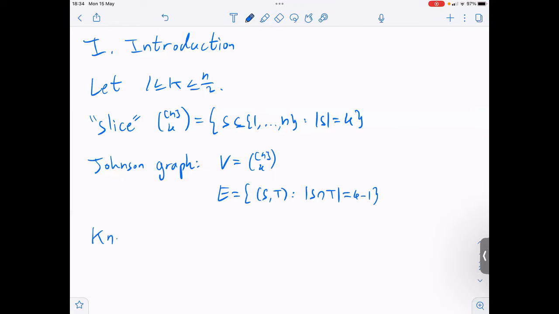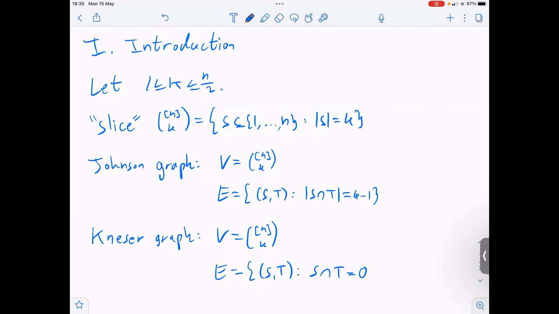Okay, and another graph, the Kneser graph, has the same vertex set. And we connect two sets if they're disjoint. Okay, so as an example, an intersecting family of sets is the same as an independent set in the Kneser graph. And that's maybe why some people in the audience know these graphs.